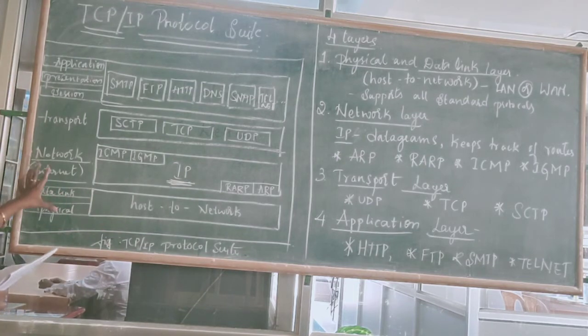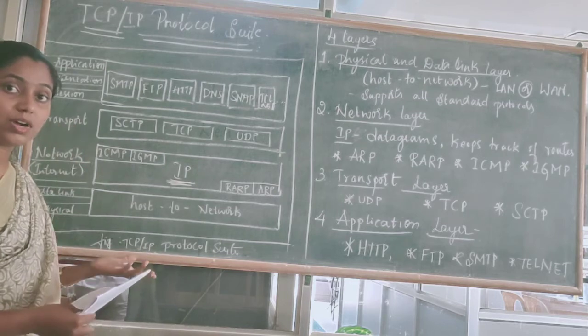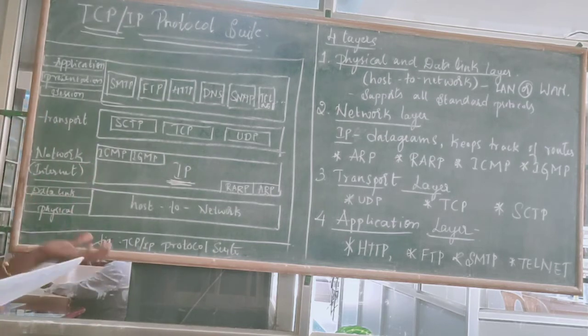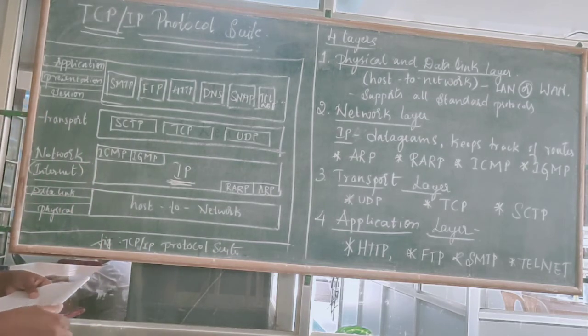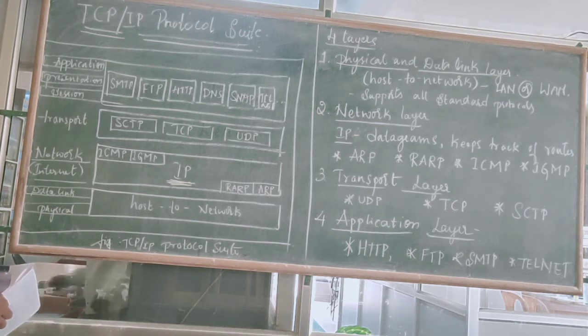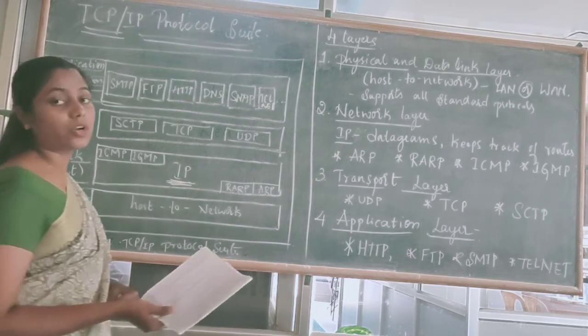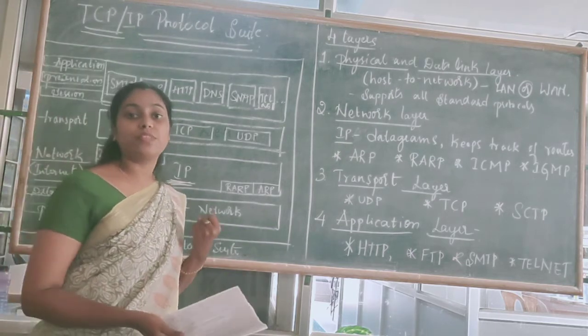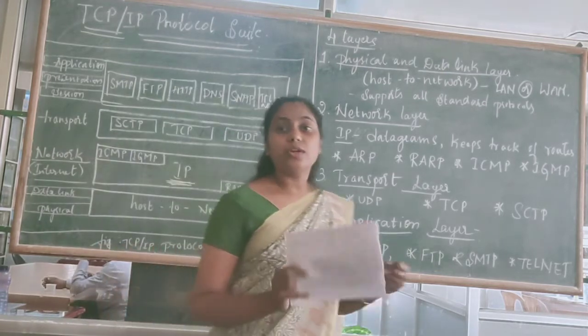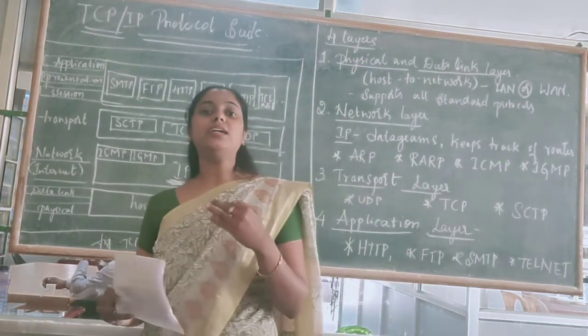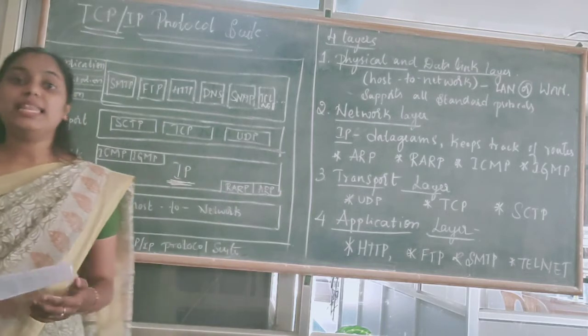So in network layer, the data is transferred in the form of datagrams. And this network layer does not track any route of the datagram. Okay, it will just send the datagrams to the upper layers.